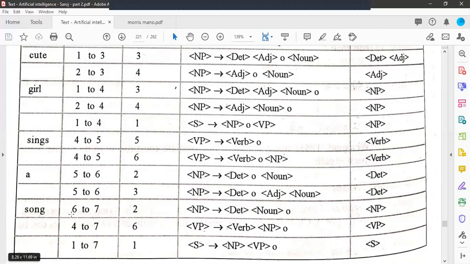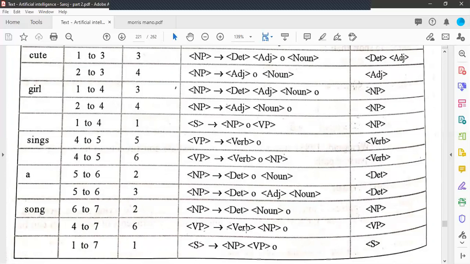Song is 6 to 7. Rule number 2, which is determiner, noun. Determiner was A and noun is song.